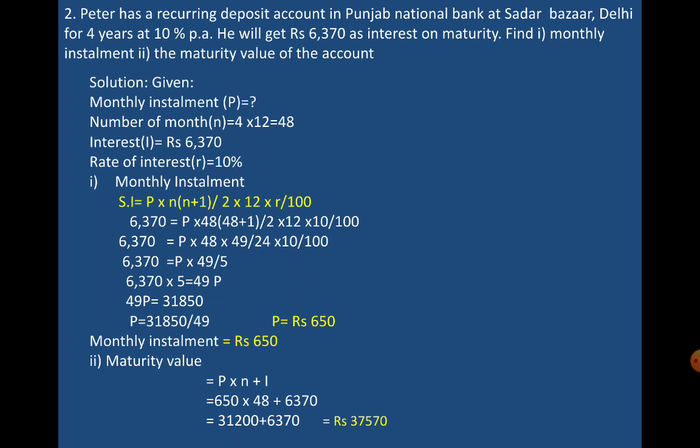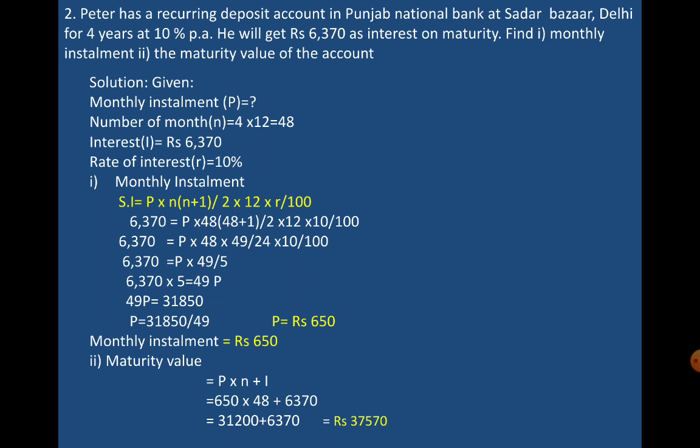In this question, we have to find the monthly payment, that is, how much Peter pays in RD per month. Then we have to find the maturity value also, that is, including principal amount, number of months and interest, how much amount he gets at last. Okay, we can solve the sums.